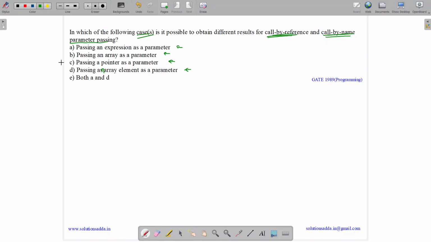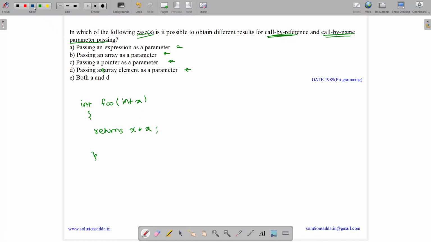Let us suppose we have a code like this. We have a function int foo, which returns an integer value. It takes a parameter int x, and the function is defined as follows. It does nothing but just return x into x.